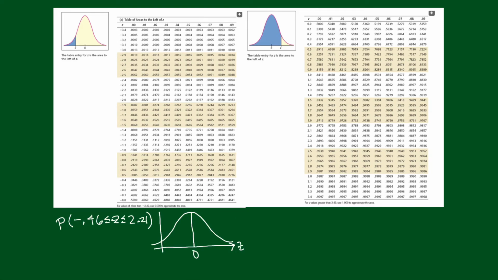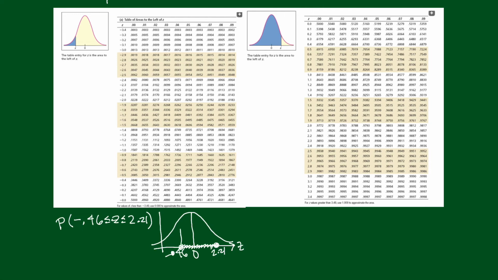Here's another one. Let's find the probability that a randomly chosen value of z lies between negative 0.46 and 2.21. So if I draw those, maybe the negative 0.46 is over here and the 2.21 is over here. And we want to find the probability of landing in that interval right there. So I know how to do this.